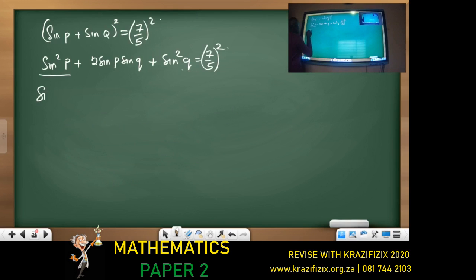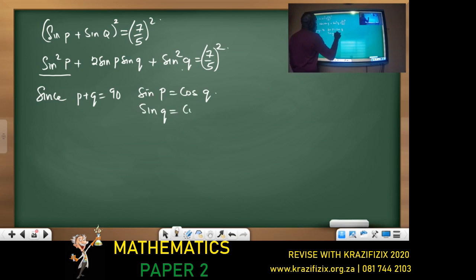What does that mean? It means that since P plus Q equals 90, sine P equals what? Cos Q. And it means that sine Q equals what? Cos P. Complementary angles.